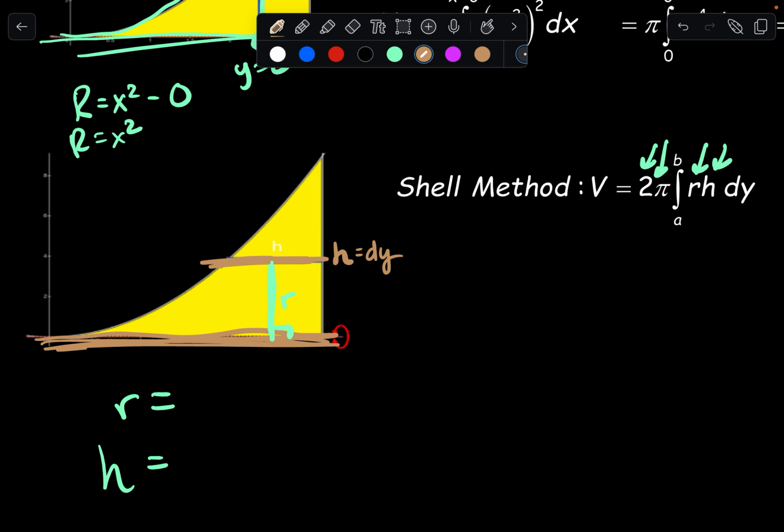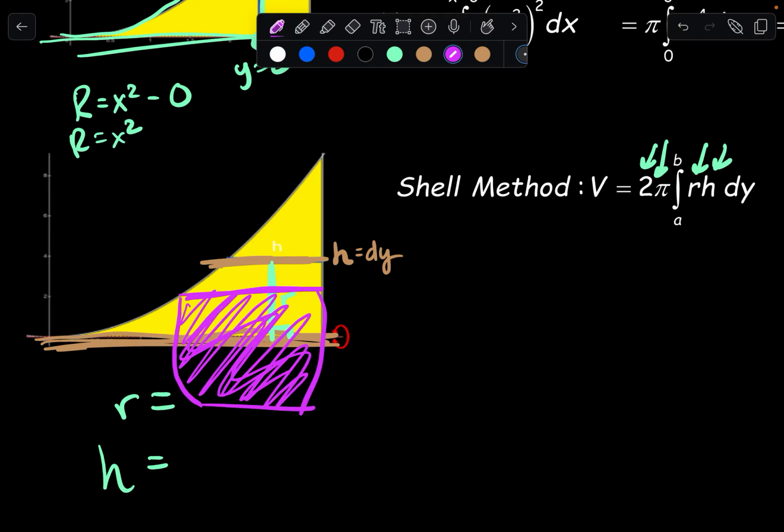So let's talk about this. What is our r value going to be? Well, my r is going to be the radius of each cylinder. If I chose, let's do pink, this particular cylinder, and I revolved it around the axis of revolution, we end up with this shell here, okay? Well, the radius is going to be in here.